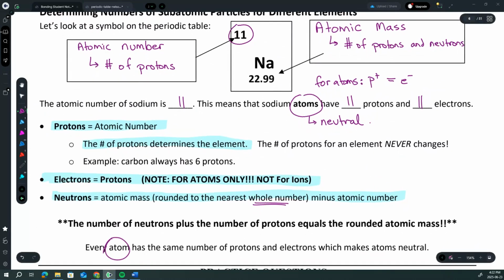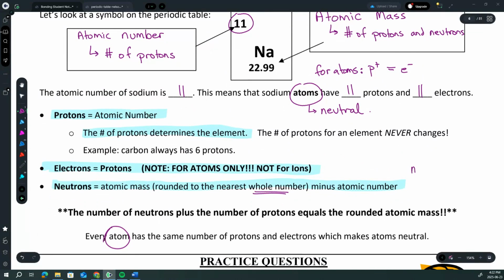So if we were to figure out how many neutrons sodium has using what we've been saying here, neutrons is going to be equal to the atomic mass minus the atomic number. For sodium, first we take the atomic mass, 22.99, and round it to the nearest whole number.